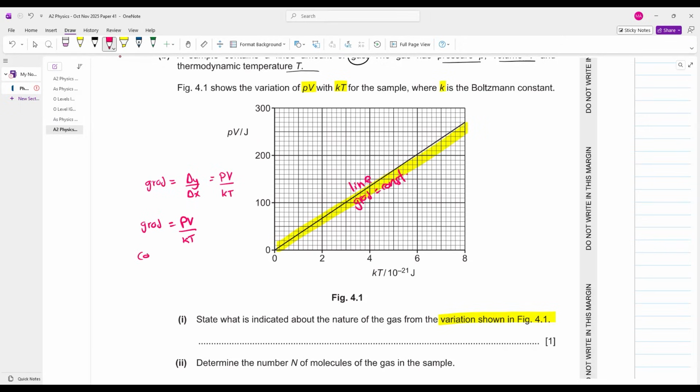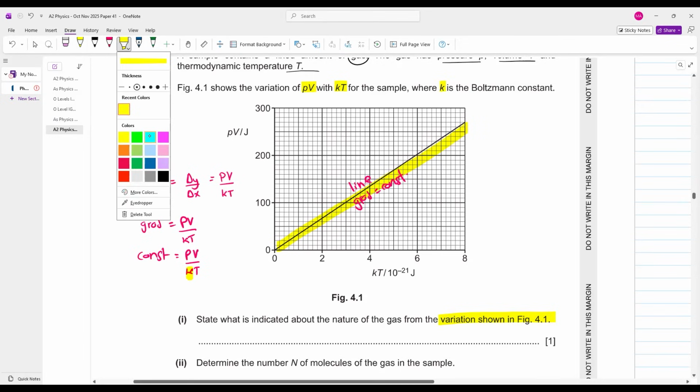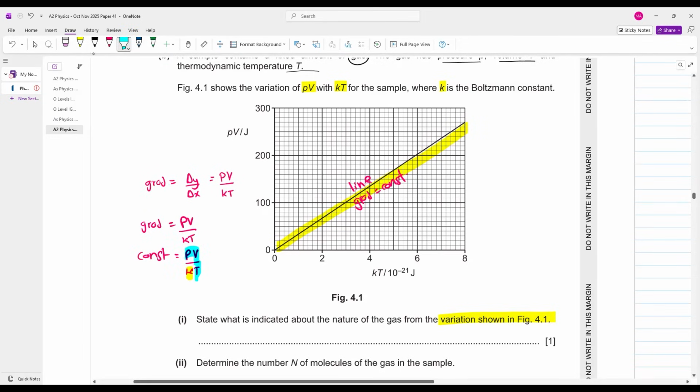If the gradient of this graph is constant, that means PV over kT is constant. If PV over kT is constant, k, that is the Boltzmann constant, is already a constant. और अगर आपका PV over T का ratio is also constant, what does this mean?